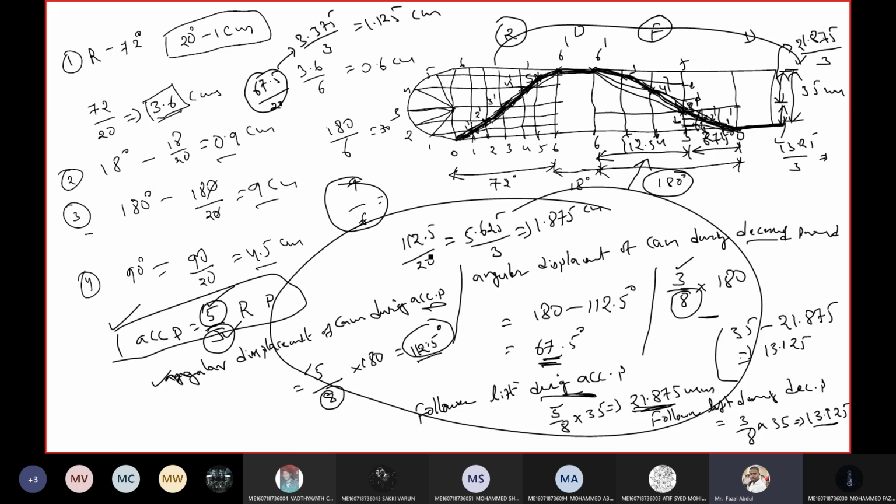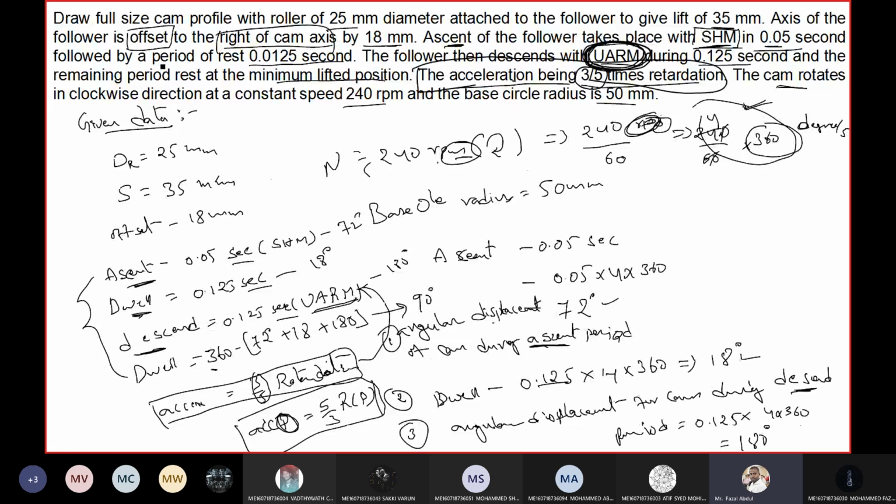Okay. Now go to the question. What is given? It is offset by 18 mm at what side? Right side of the cam axis. It means this is the cam axis passing through the center.